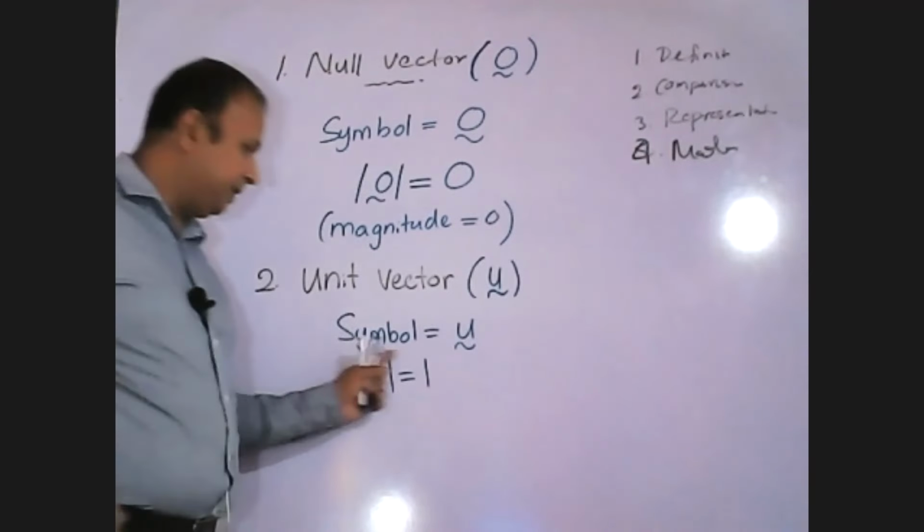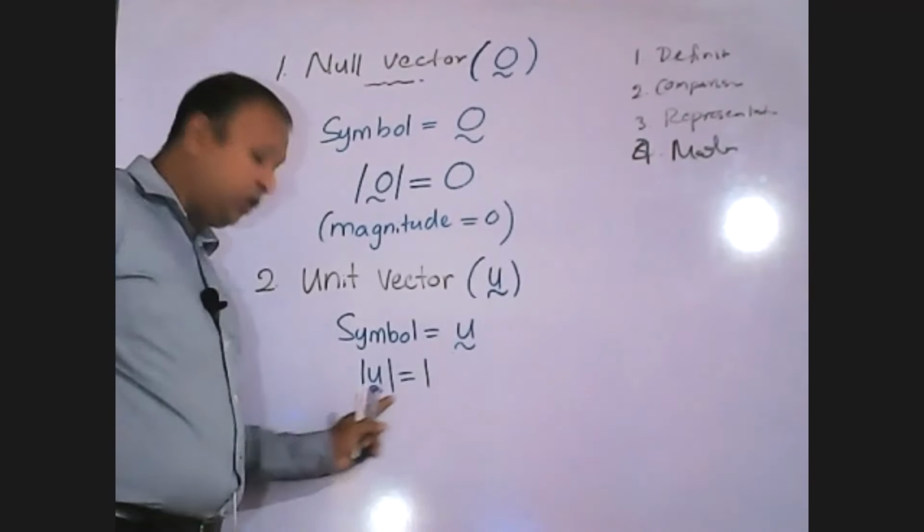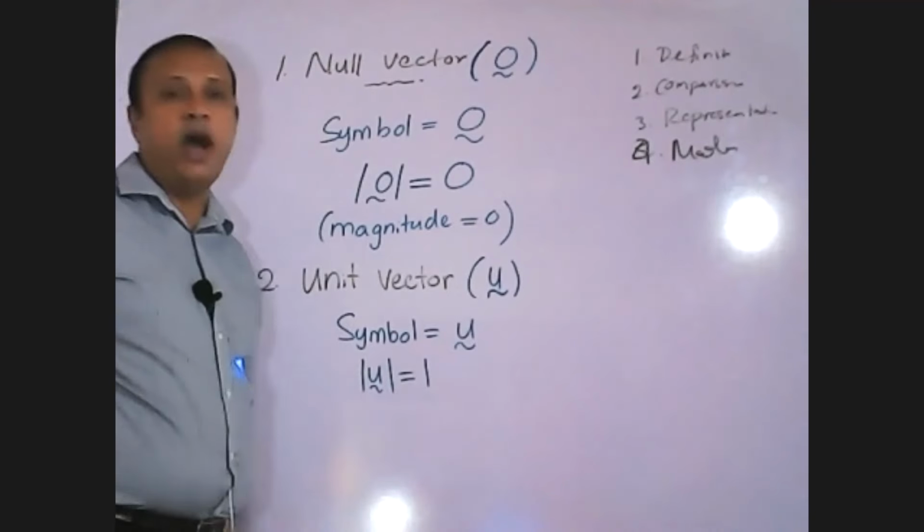You can write this one: the symbol is U, and the magnitude of the vector is equal to 1.